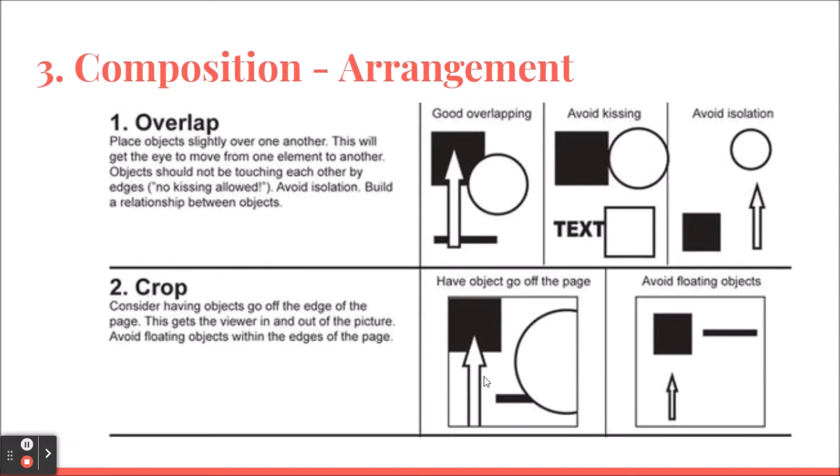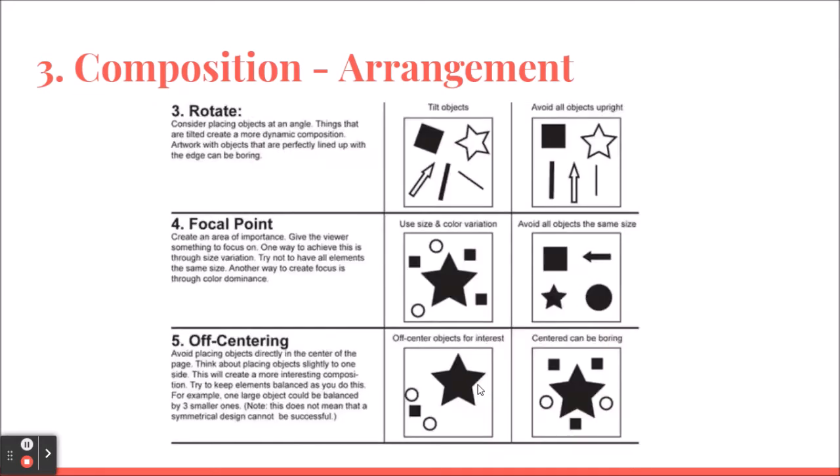Cropping is another thing you could do. You can have things go off the page. Some things could be floating, but it might be interesting to have some things go off the page. You can rotate images. So think about your image and how you could put them at different angles or tilt them.